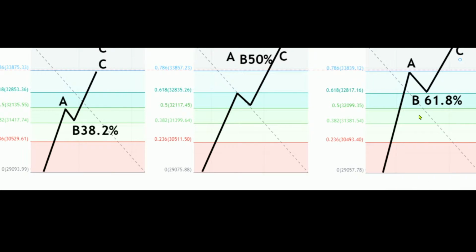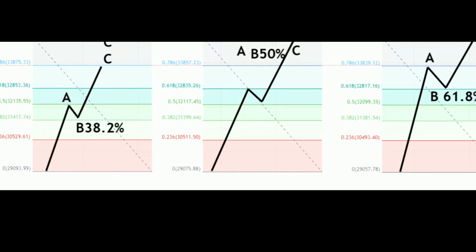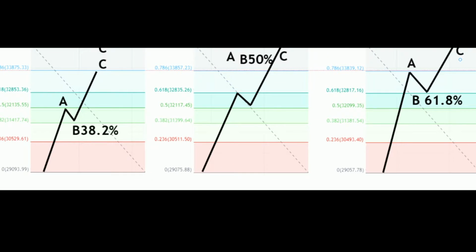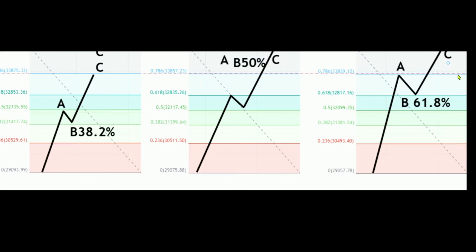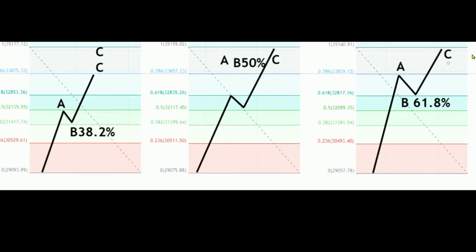Fibonacci retracements. Fibonacci retracements use horizontal lines to indicate areas of support or resistance. Levels are calculated using the high and low points of the chart.